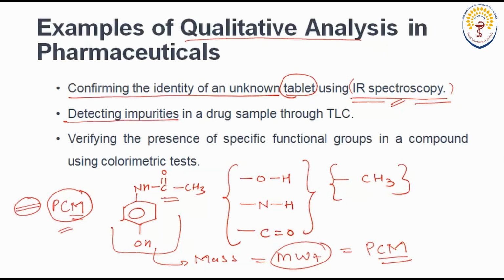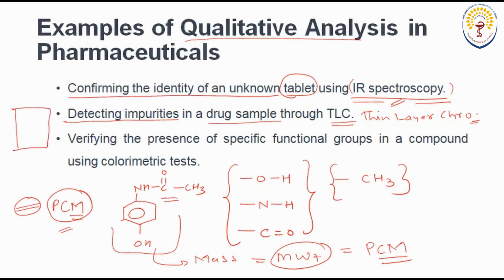Now we also detect impurities in a drug sample through TLC. TLC stands for thin layer chromatography. Thin layer chromatography is a glass plate or aluminum plate in which silica is poured. On that plate we place our sample spots.